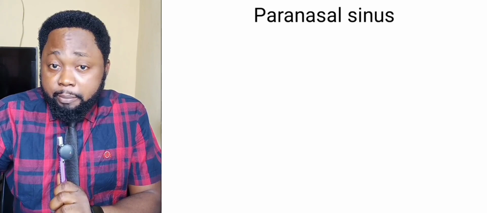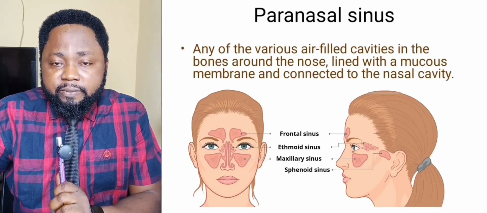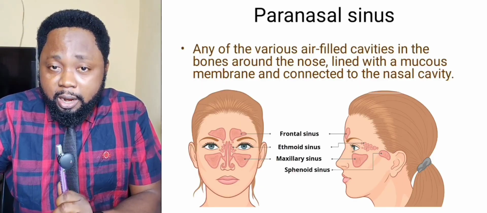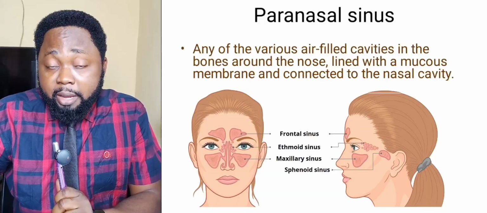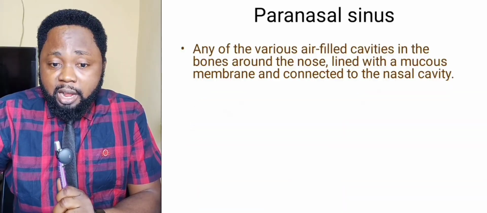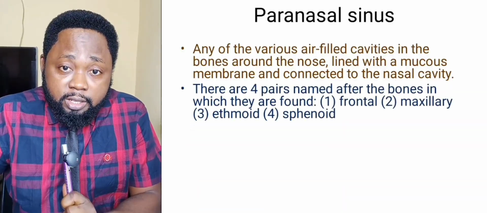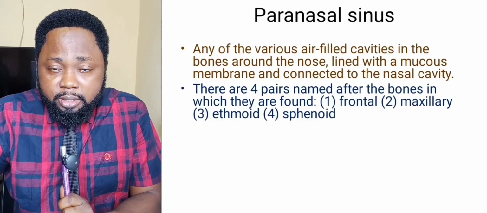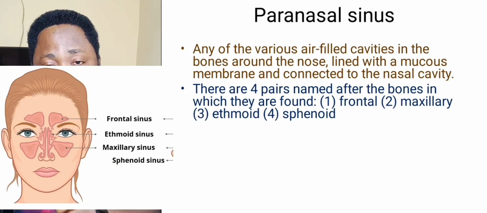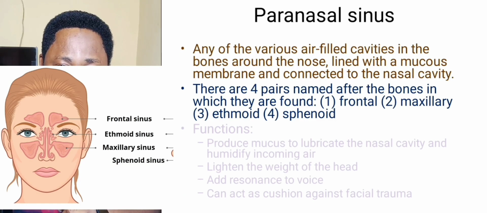Another terminology is paranasal sinus. A paranasal sinus refers to any of the various air-filled cavities in the bones around the nose, which are lined by mucous membrane and, of course, are connected to the nasal cavity. There are 4 of these paranasal sinuses, including the sphenoid, ethmoid, maxillary, and frontal sinuses.